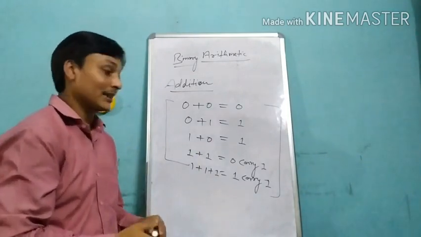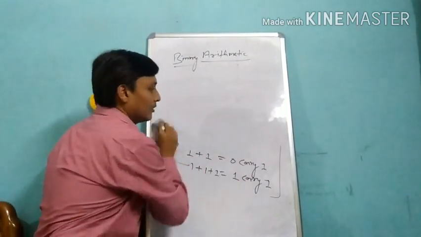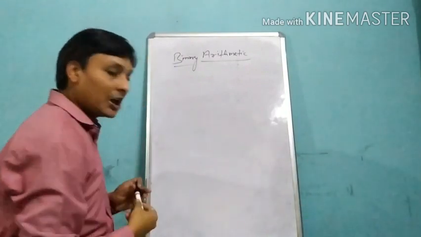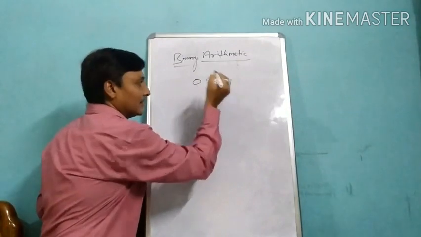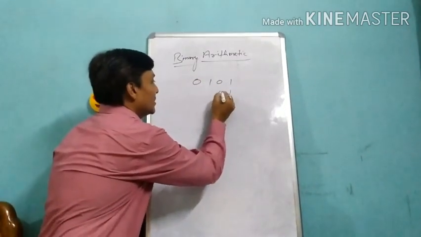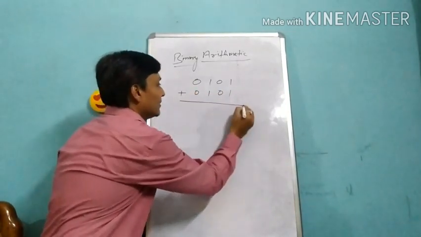Now I am going to write some questions. See, you all are looking very excited. Okay, so how we will add any number: 0, 1, 0, 1. And I am writing 1, 0, 1, 0, and we have to add both numbers. Students, pay attention.